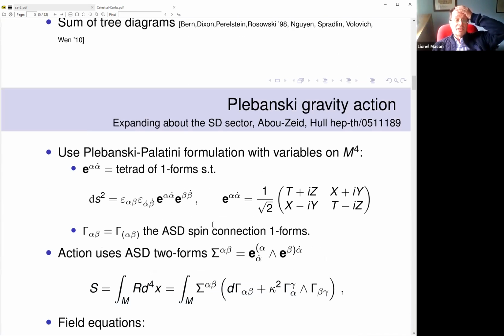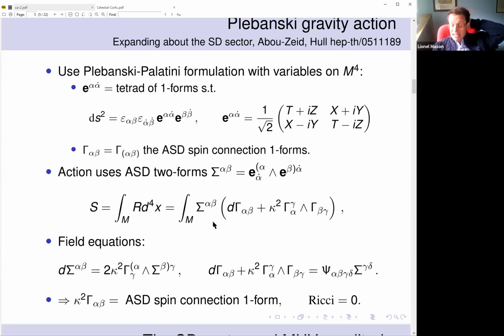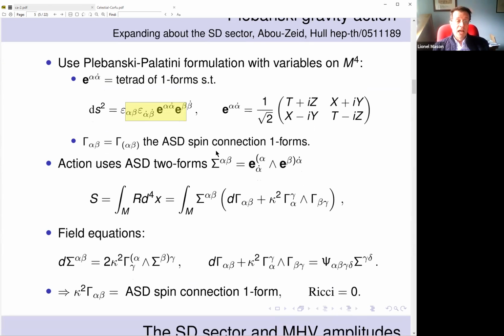As I say, I want to explain how it comes from the Einstein action. And so I'll skate through this rather fast. If you set up a frame formulation for your metric, you can write down the Einstein-Hilbert action, just the integral of the scalar curvature, in terms of the curvature of the self-dual, anti-self-dual, sorry, I always get confused, spin connection.